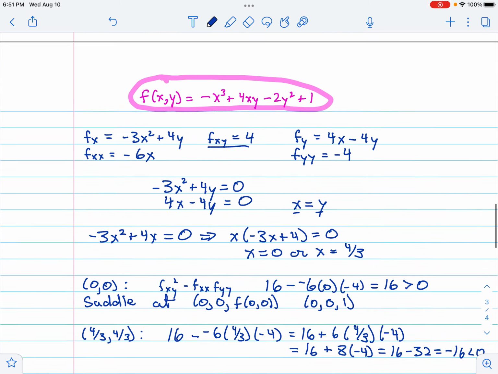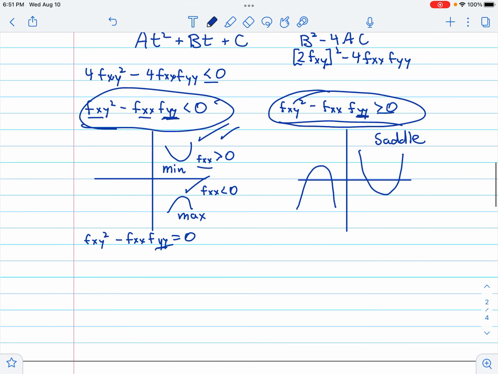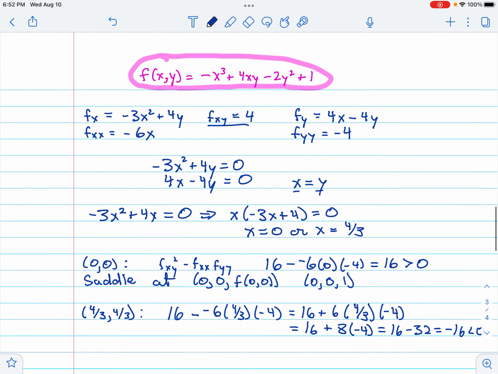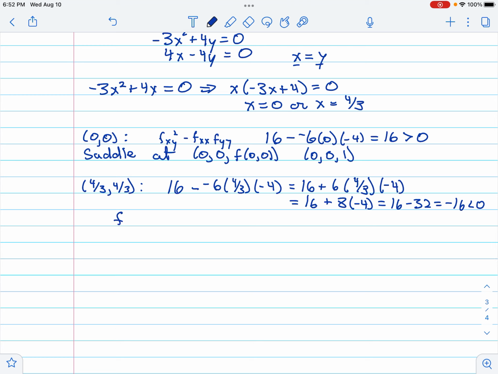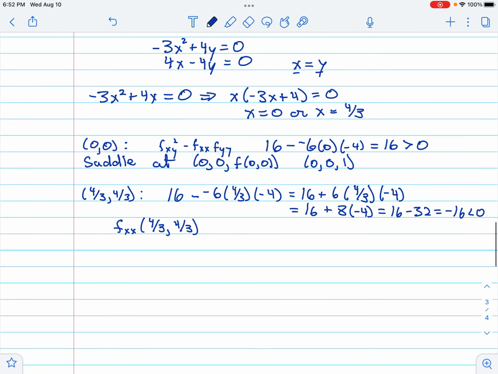Now if it's less than 0, that tells us we either have a max or a min. So it's all dependent upon fxx at 4/3. fxx is negative 6 times 4/3, which is going to be less than 0.